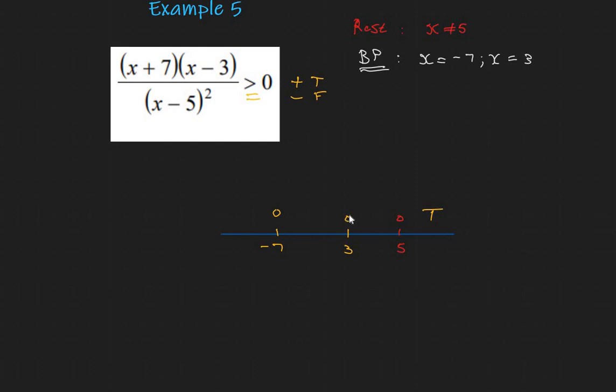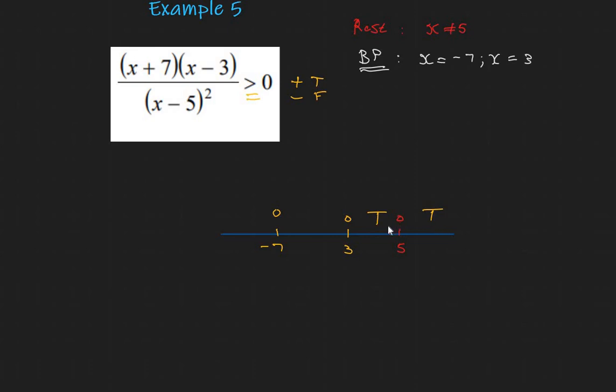All right, so I'm going to go back, and I'm going to just change my 6 to a 4. So it's 4 plus 7, right? And it's 4 minus 3, right? And it's 4 minus 5 squared. I'm getting 11. And what is 11? 11 is greater than 0, and that is true again.